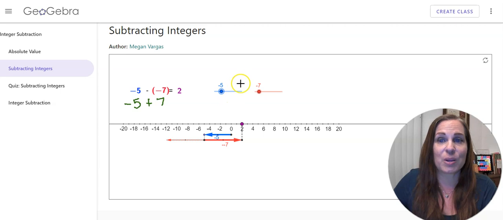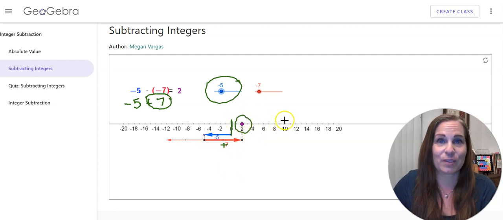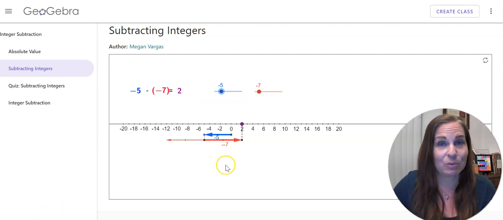So since our first number is -5, we start at 0 and go 5 to the left. Our second number is a +7, right? We're adding a +7, so we go 7 to the right. This is a positive. So we go 7 to the right and we land on 2. Okay, so this is the same thing that we did for addition, right?